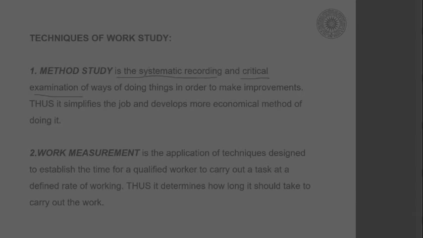How much time it takes, that means we will record. So systematic recording and critically examining the ways of doing things in order to improve. Thus, it simplifies the job and develops a more economical method of doing it.